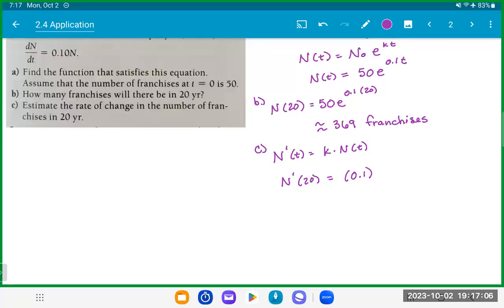And so that is going to give me 369 times 0.1. And so that is 36.9 franchises. And so that tells me that the rate of change in the number of franchises in 20 years will be about 36.9 franchises per year. So in year 20, we'll be growing about 37 franchises that year.